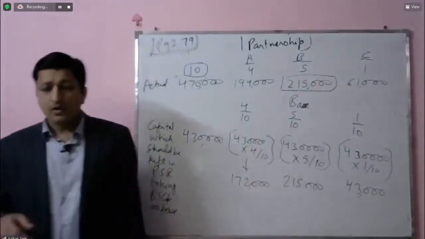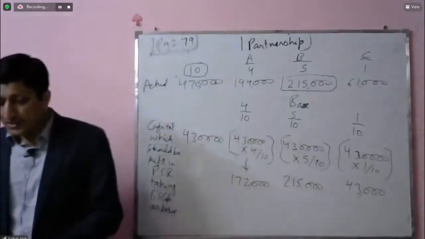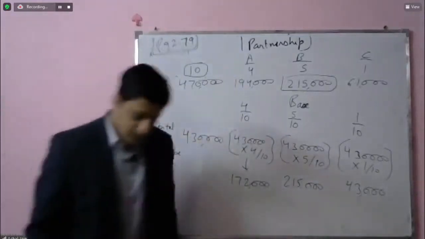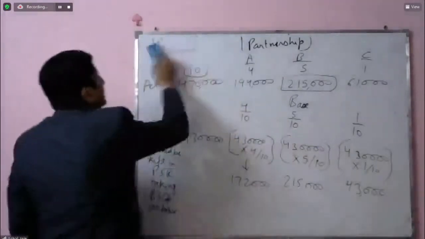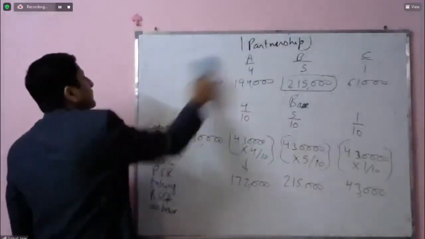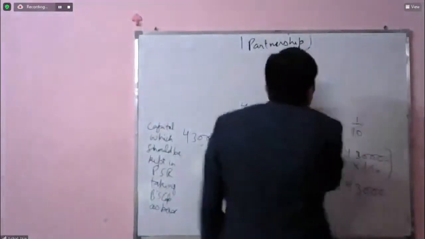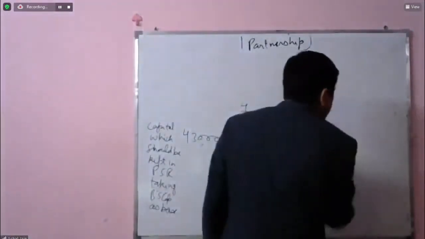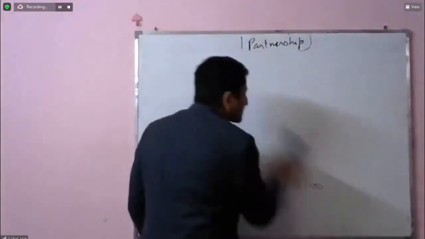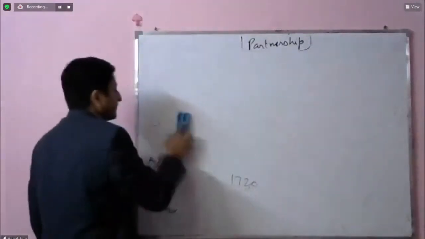So now we should move on to the next illustration. We are continuing with our discussion in relation to the principle where the firm is taken over by another entity. Now that another entity could be anything. It's not necessary that the firm is taken over by another partnership firm.